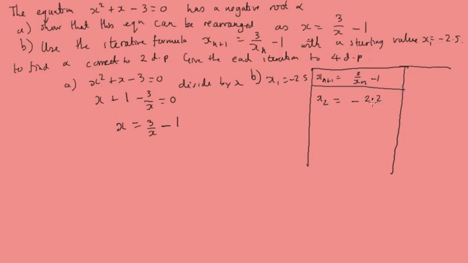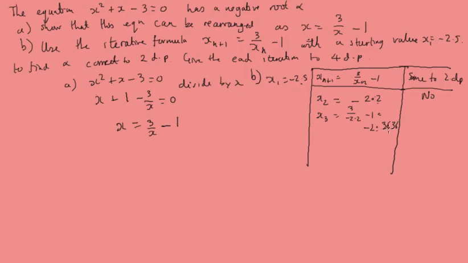So are these correct to 2 decimal places? No. x3 is going to be, slotting this in here, 3 over minus 2.2 minus 1, which is equal to minus 2.3636.